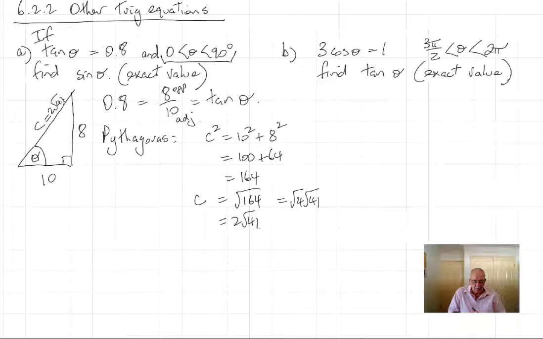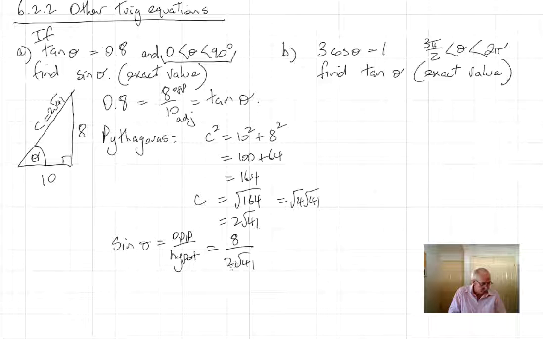And now we know that theta is lying in the first quadrant, so it's very easy now just to use sine of theta equals opposite over hypotenuse. Opposite is 8, and the hypotenuse is 2 root 41.